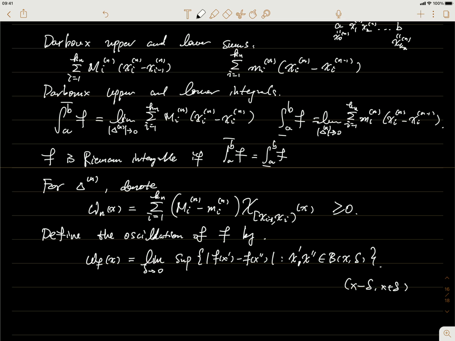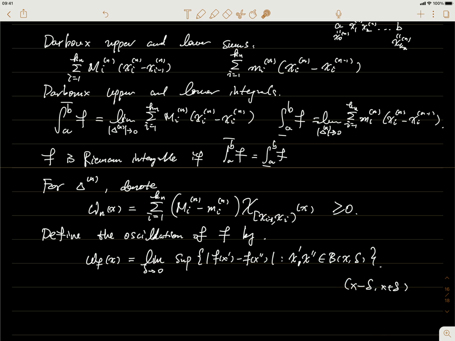Over this open interval, let's look at the highest oscillation, that means the supremum value over this interval minus the infimum value, or in other words the supremum of such differences. This is just the largest oscillation you can see over this interval.